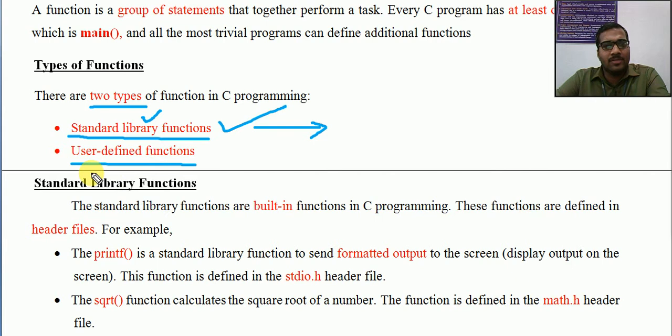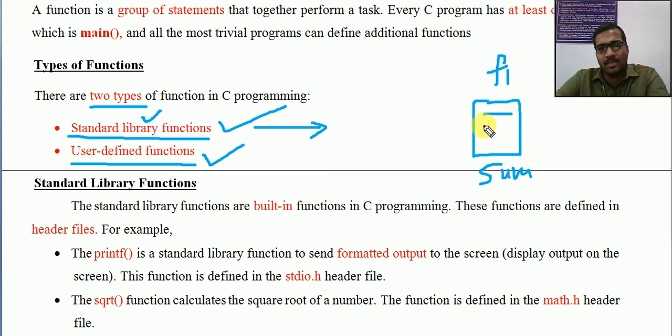Now the second one, user-defined functions, are those functions that can be defined by the user. Just like I was mentioning, F1 was used for finding the sum. So I will be defining a new function with some statements, and this function is used for finding the sum.